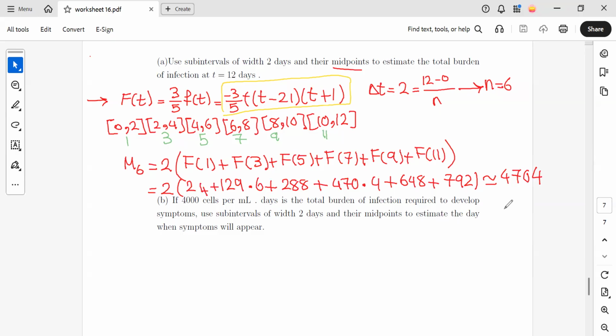These are the number of infected cells per milliliter times day. So infected cells per milliliter times days.